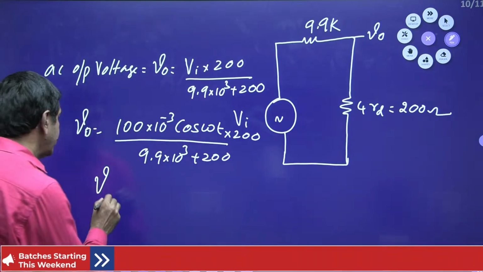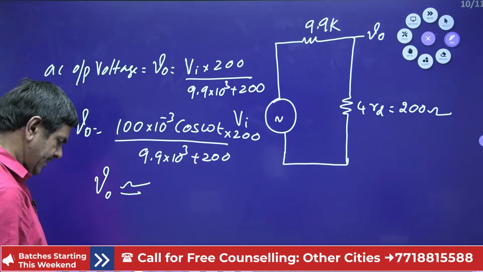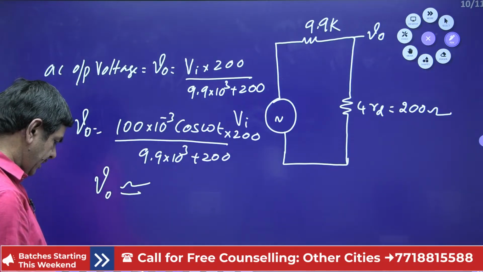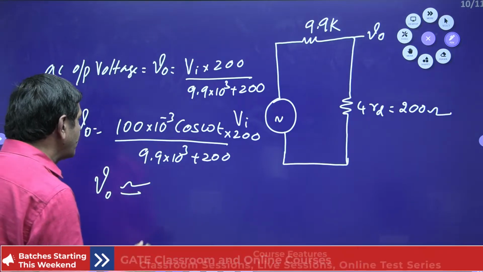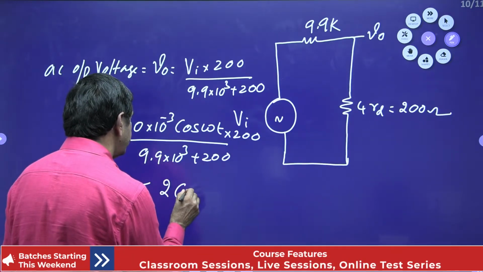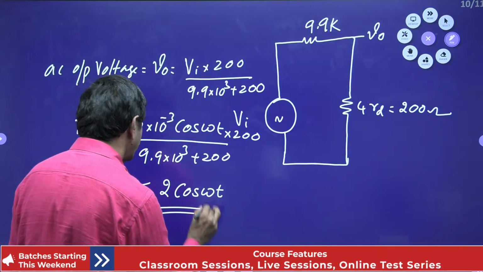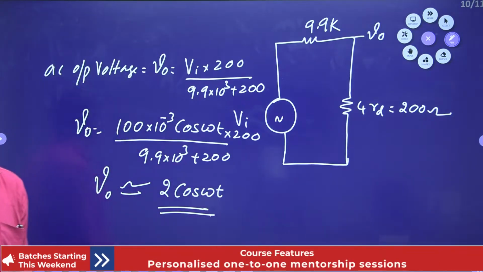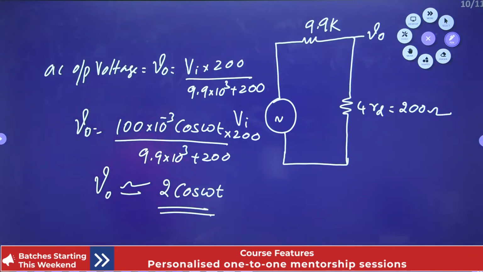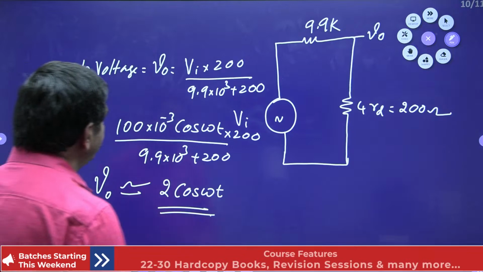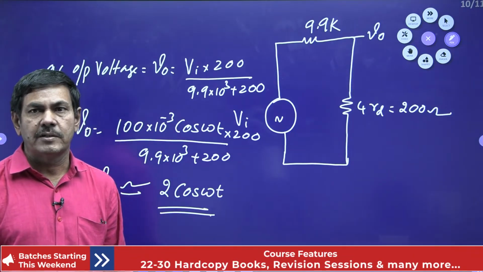If you are using a calculator, approximately this value comes as 2 cos omega t. 2 cos omega t is possible. In such a way, the AC output voltage is calculated for AC and DC.